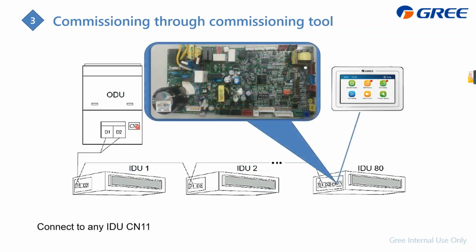And also can connect to the indoor side. For the indoor side, we should connect the CN11, and every indoor unit is available. Every indoor unit, the CN11 is available. Okay, it's connected to the CN11.